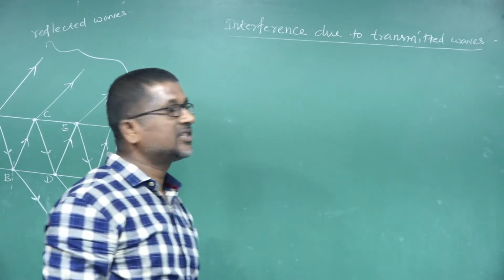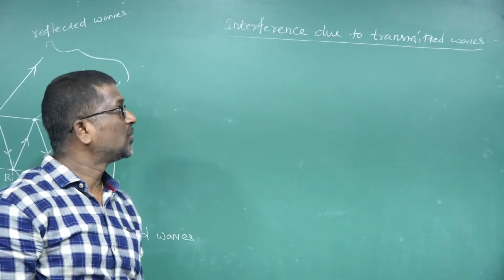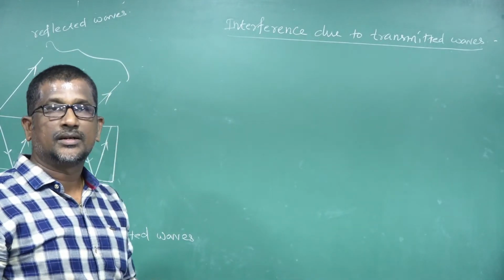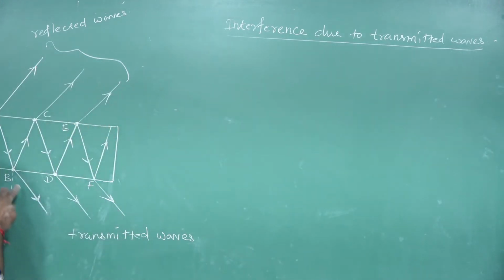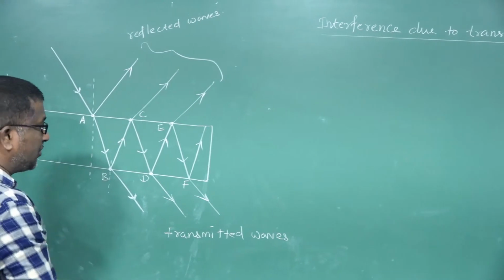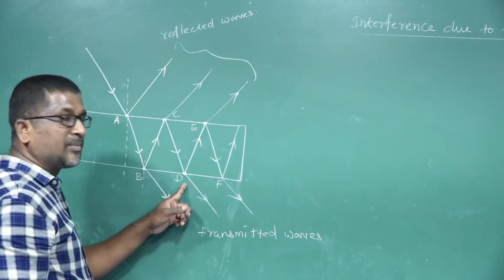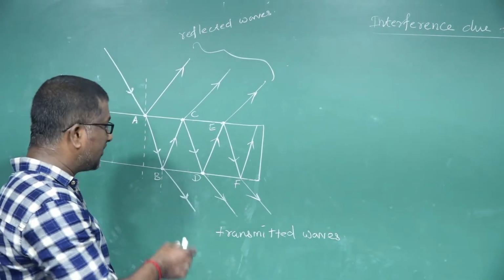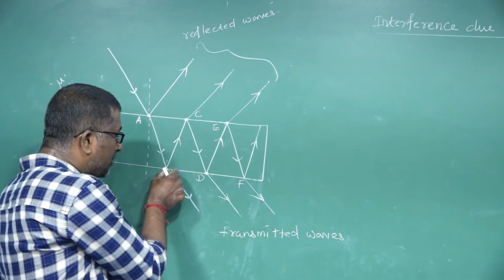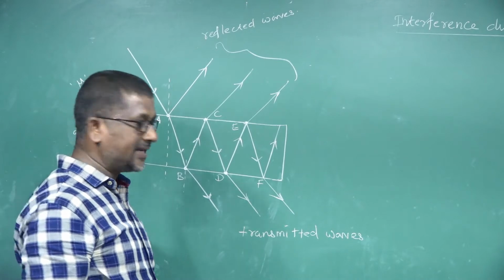For that, let us consider only two transmitted waves, one from the point B and another one from the point D. So let us consider two transmitted waves from the points B and D.